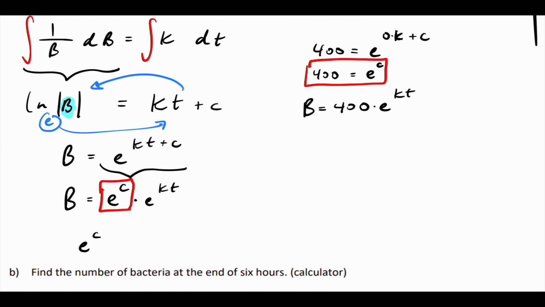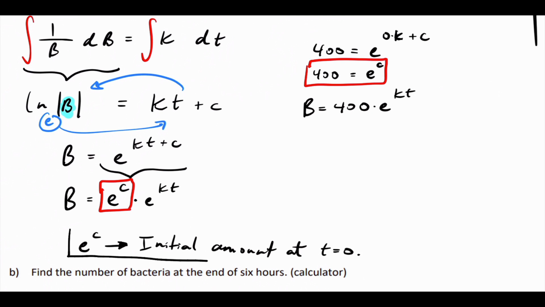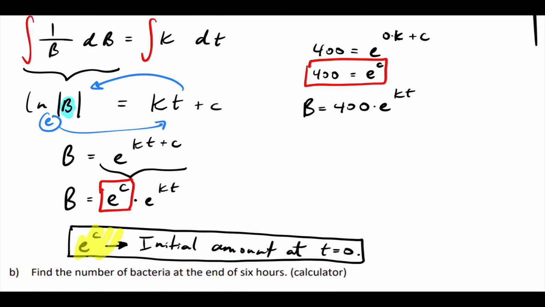E to the c is always going to be your initial amount at t equals 0 or whatever equals 0. So whatever your initial amount was, that's what that's going to be for future reference.